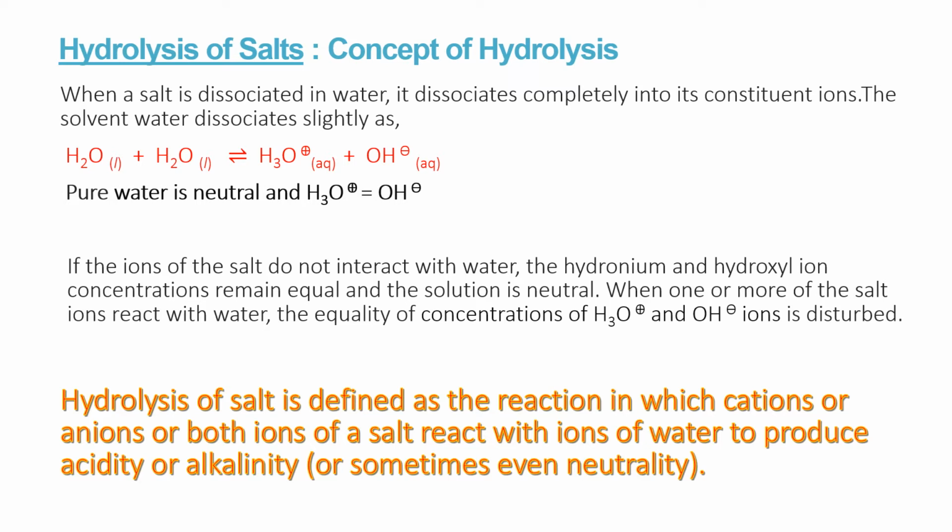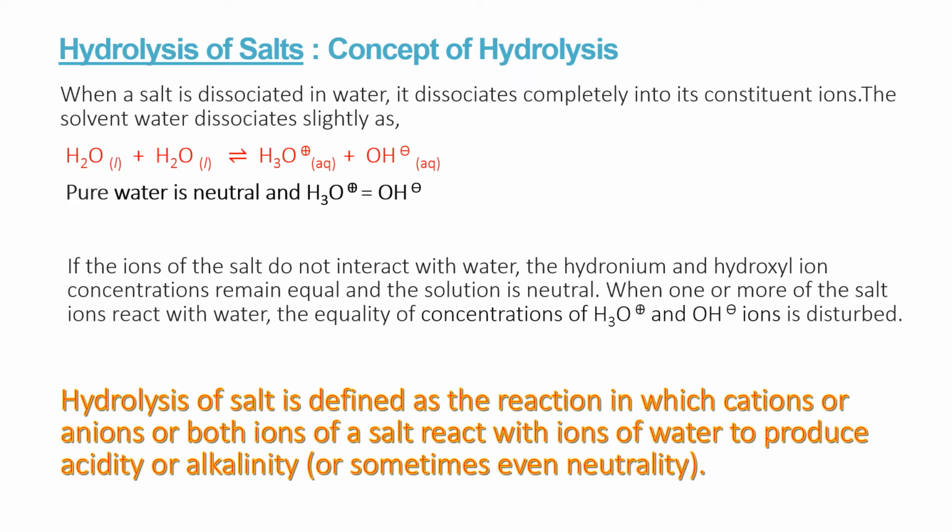Okay. Now, how will you define the hydrolysis of salt? Hydrolysis of salt is defined as the reaction in which the cation or anion or both the ions of a salt, meaning the salt has both cation and anion, interact.